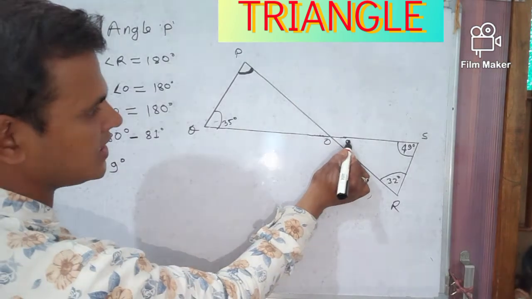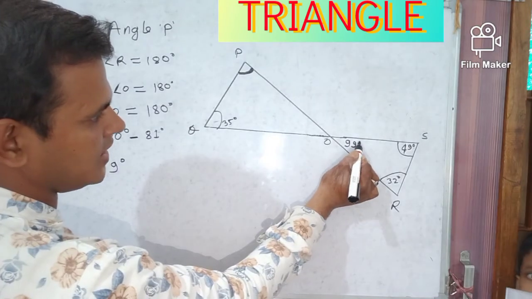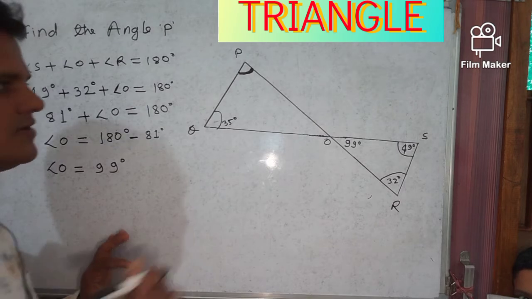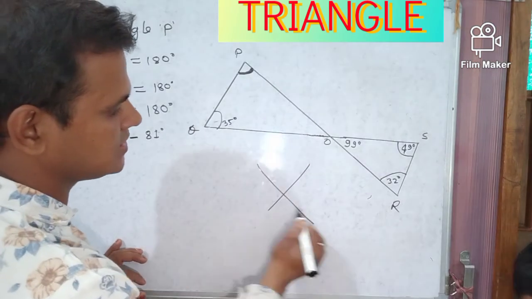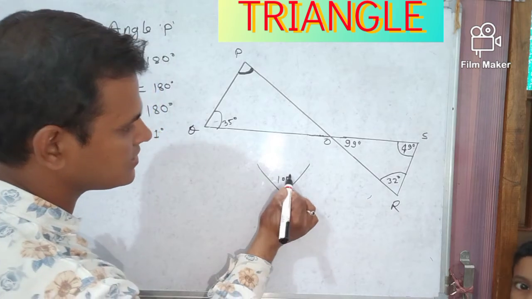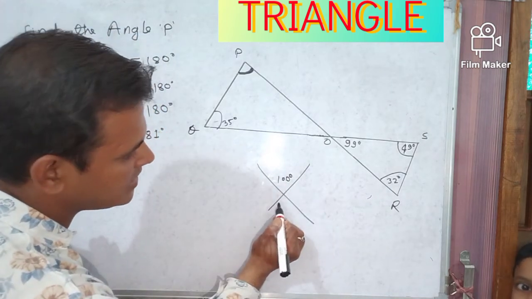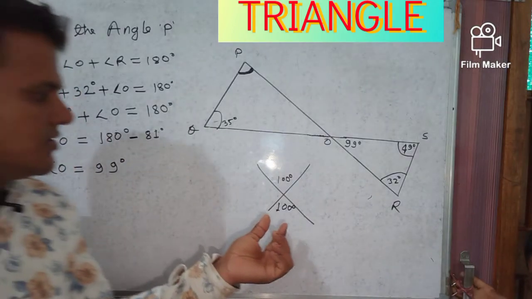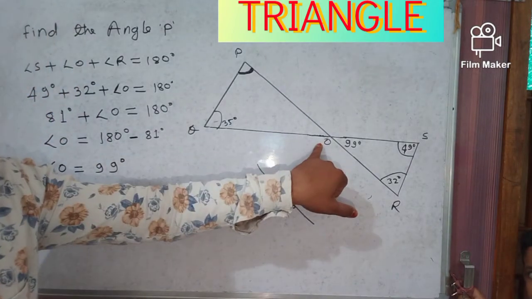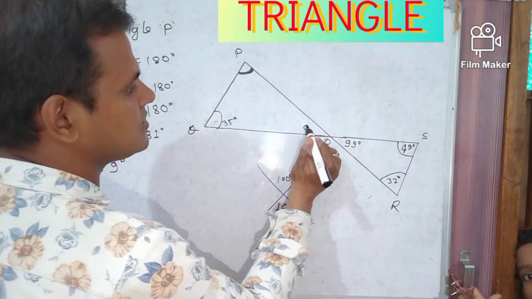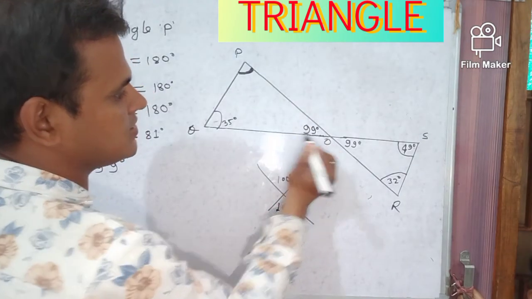So this angle is 99 degree. Now see here friends, we have learned when two lines cross, if this angle is 100 degree, this angle will also be 100 degree. So this symbol is like this. Now see here, this is a cross, so this will also be 99 degree.